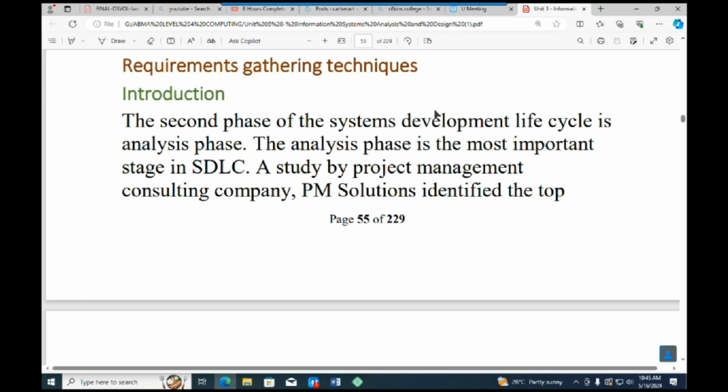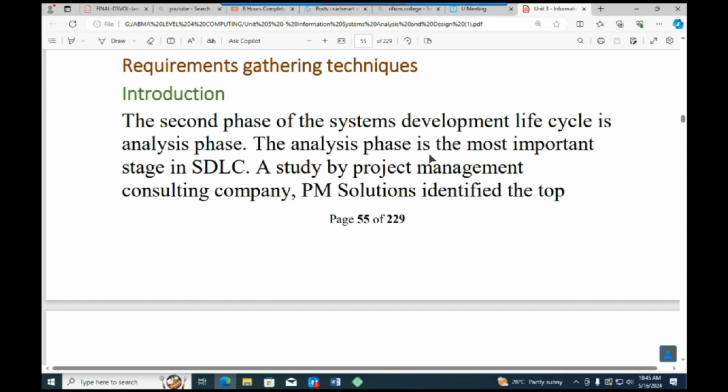The analysis phase is the most essential phase in the entire software development life cycle, because it is within this phase where the project is actually studied. The requirements are looked at in this particular phase.